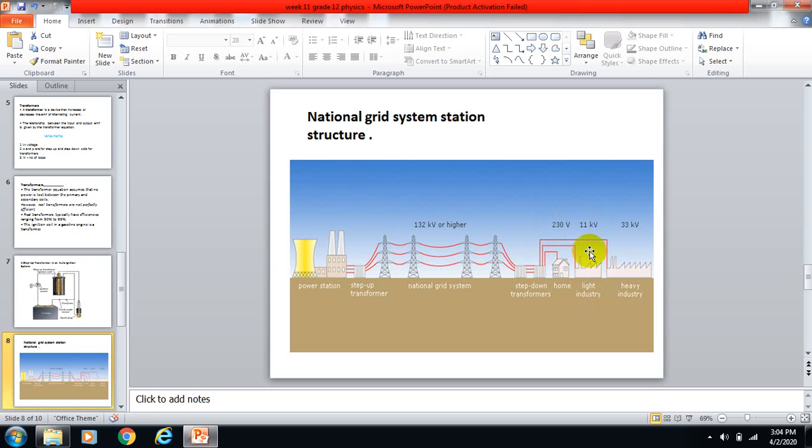For heavy industry, any manufacturing industry, maintenance industries, equipment and appliances manufacturing, they use 33 kilovolts. So this is higher than the other two: light industry 11 kV and heavy industry 33 kV.